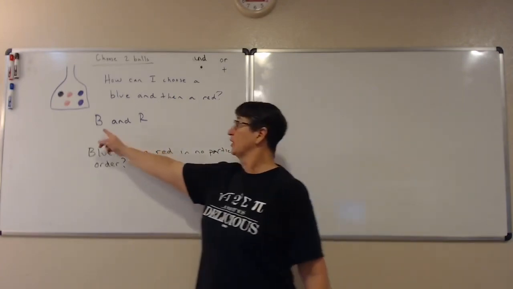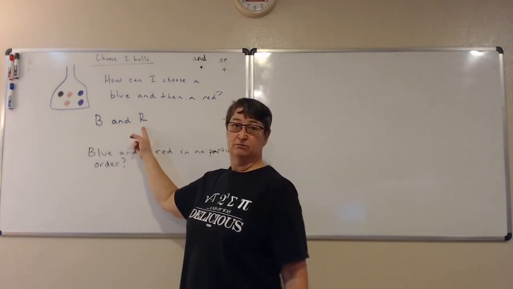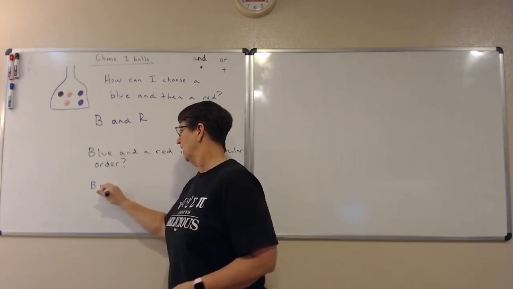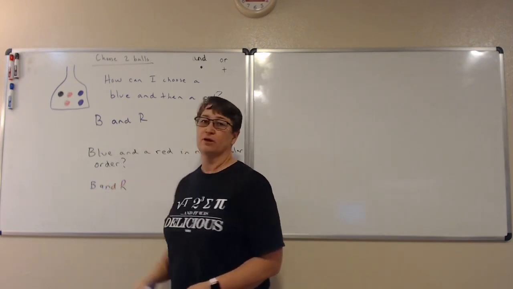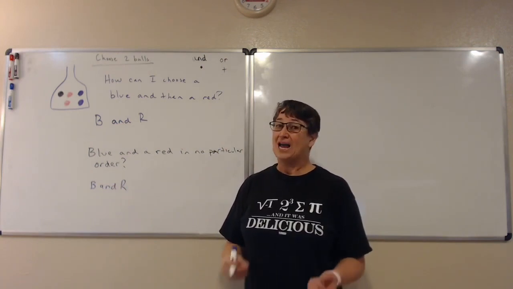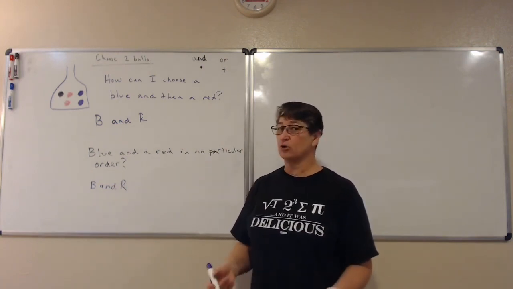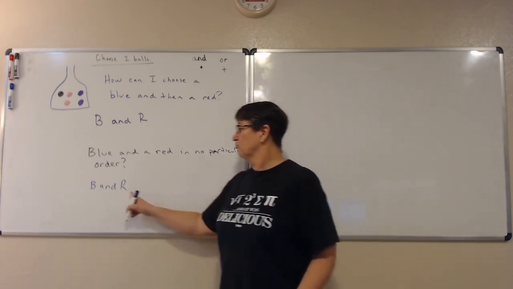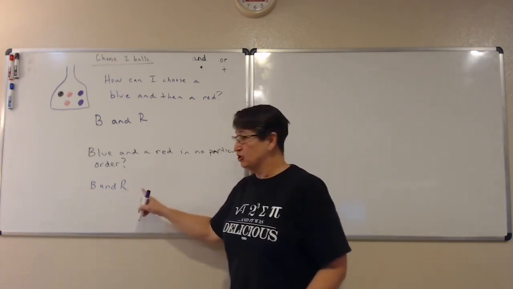Well, up here we got a blue and a red, so we can do it that same way. A blue and a red. But the order here doesn't matter. So I could also get the red first and then get the blue. So I'm going to use that conjunction.